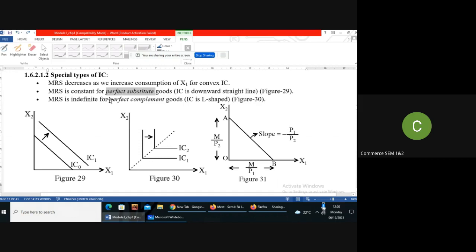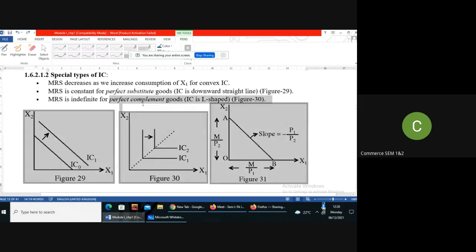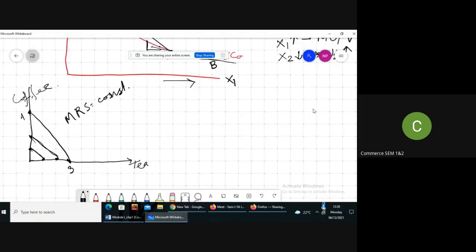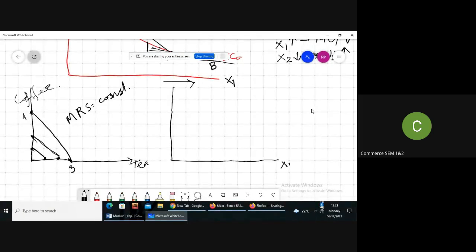Now, in case of perfect complements, it will be an L-shaped indifference curve like this, and MRS is indefinite. We do not know what the value of MRS will be. So let me draw. This is the origin, and x1 and x2.